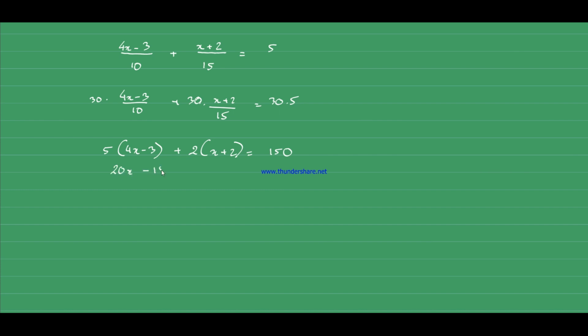12x minus 9, plus 2x plus 4, equal 150. Now we're going to combine like terms. This term goes with this one, and I make sure I circle the sign also. 12 plus 2 is 14x. And then this term here, I circle the sign: negative 9 plus 4.